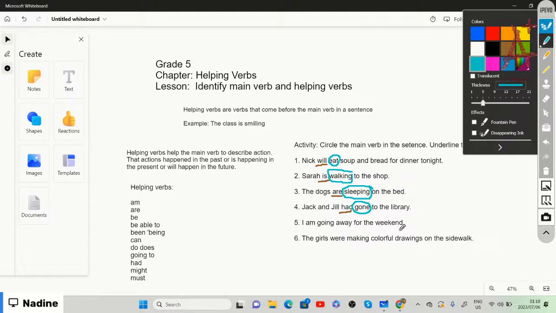So the main verb within the sentence is going, and our helping verb is am. Am going. I am going away for the weekend, which means that our main verb is going and our helping verb is am. So am going.